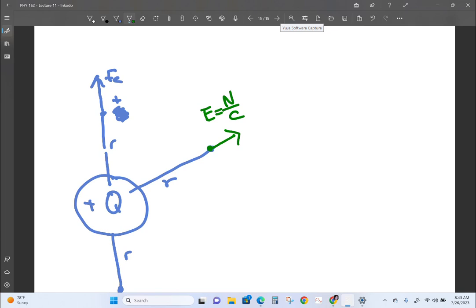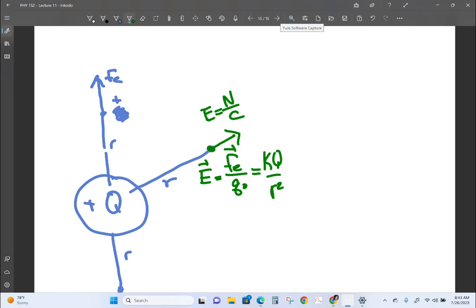It's equal to whatever the electrostatic force is divided by the charge at that location. If you plug in Coulomb's law, that factors out Q naught, leaving K, big Q, all over r squared. So that means that it doesn't depend on there being a charge there, that there is an electric field there.